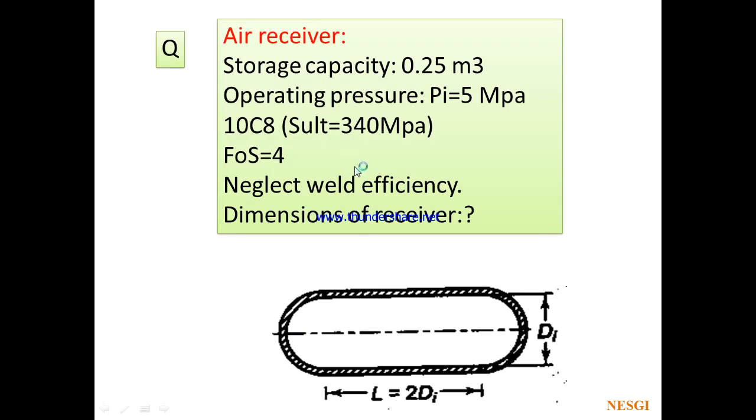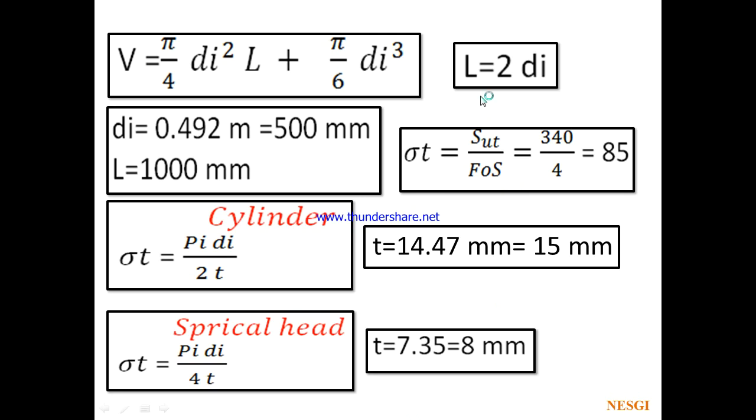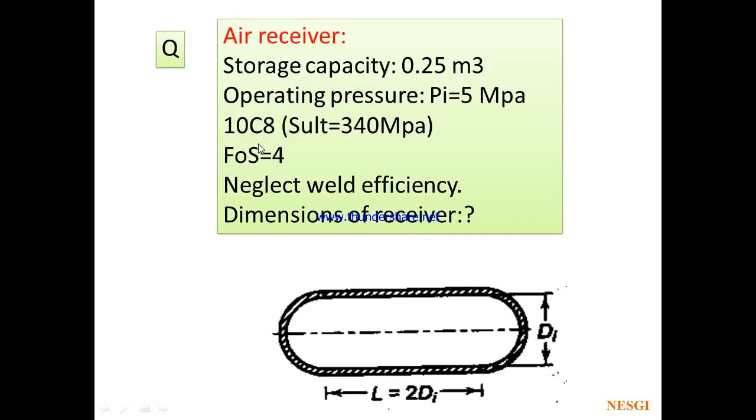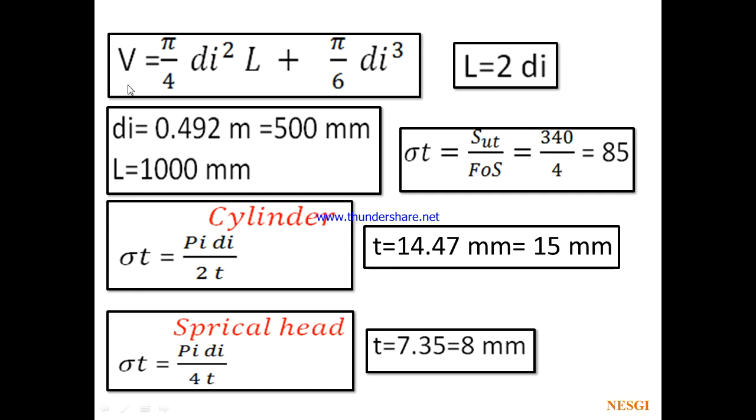And one more condition is given. L is equal to 2 into Di. So if you substitute L as 2 Di, and volume is already given, how much is it? Volume is 0.25. So if you substitute V is 0.25 meter cube and L equal to 2 Di, you will get the Di value in meters.